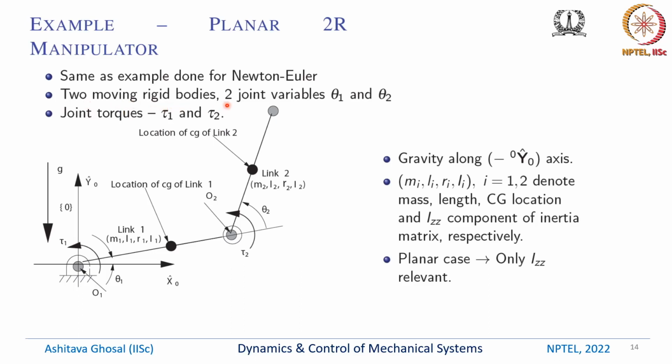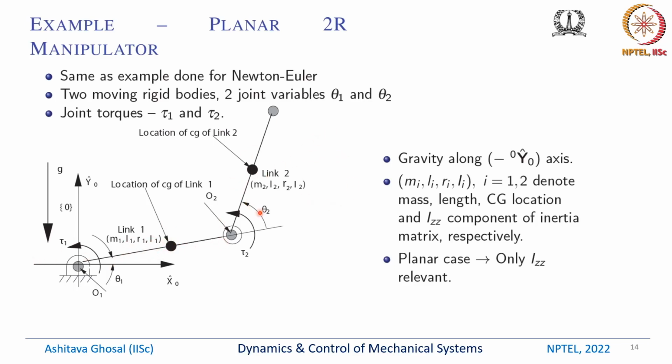We have two moving bodies, two joint variables theta 1 and theta 2, and two joint torques tau 1 and tau 2 which act in this form, counterclockwise positive. The first link has m1, I1, R1 and L1. Here m is the mass, I is the z component of the inertia, R locates the CG of link 1, and L1 is the length of this link.